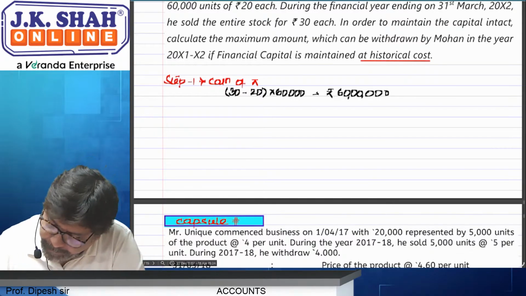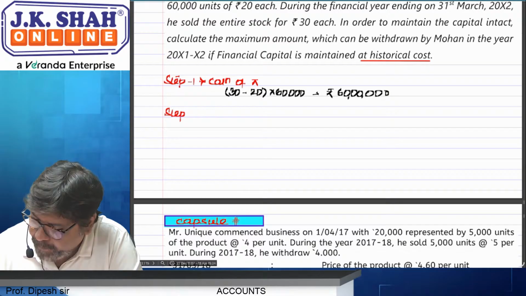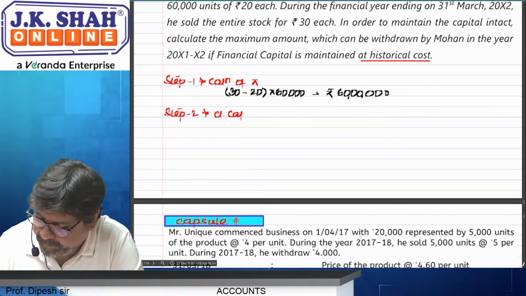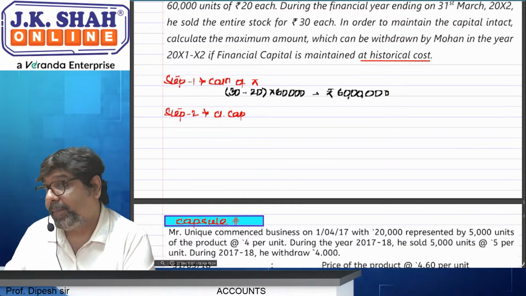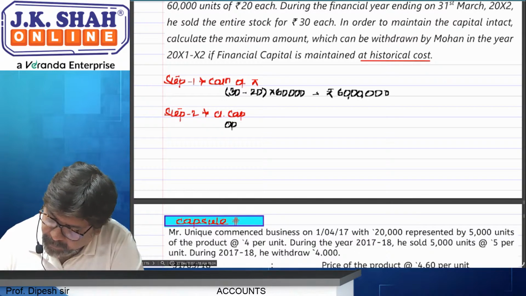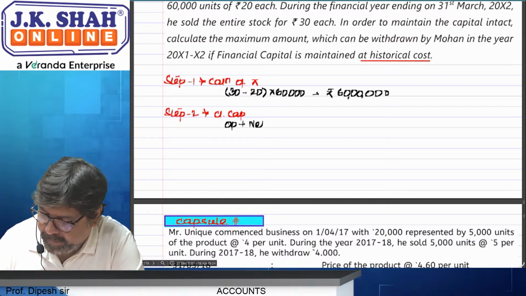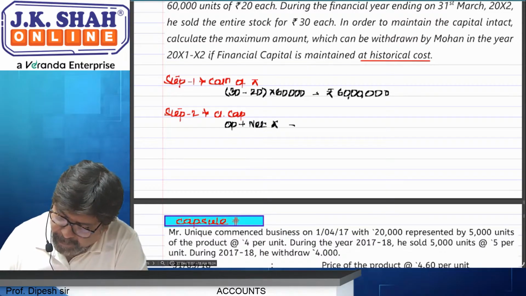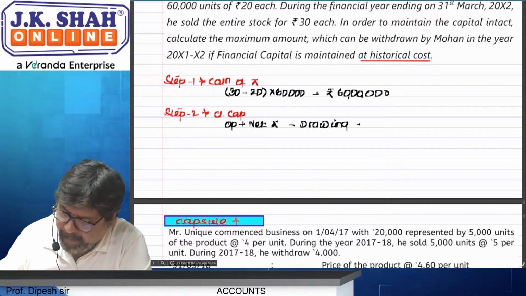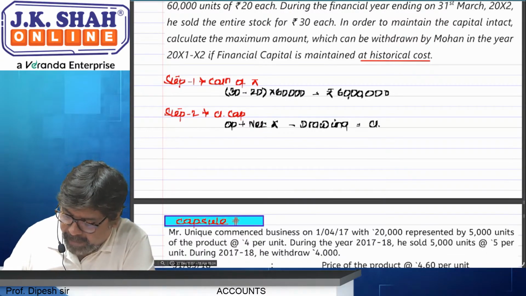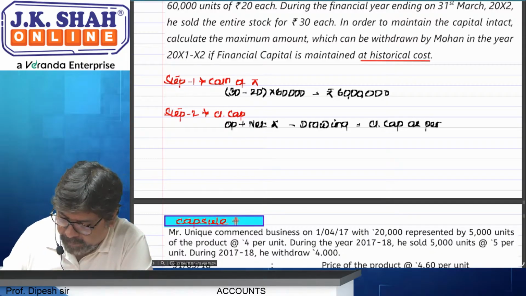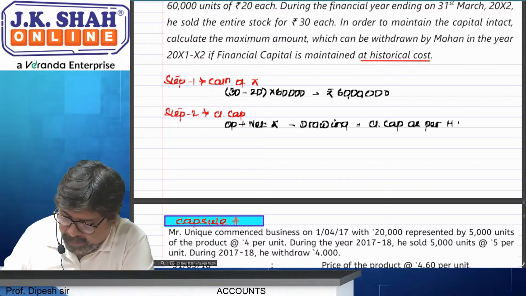Now step 2, closing capital. Opening capital plus net profit minus drawings should be closing capital as per historical cost.